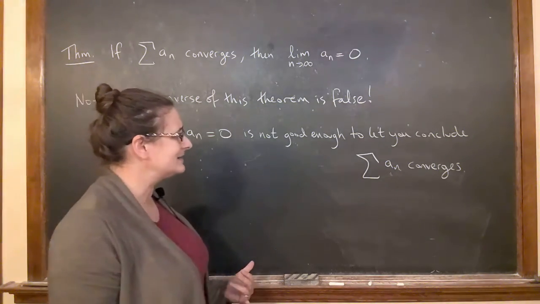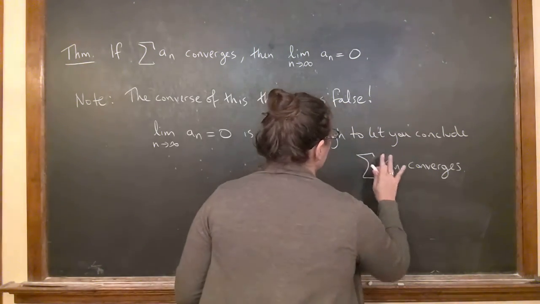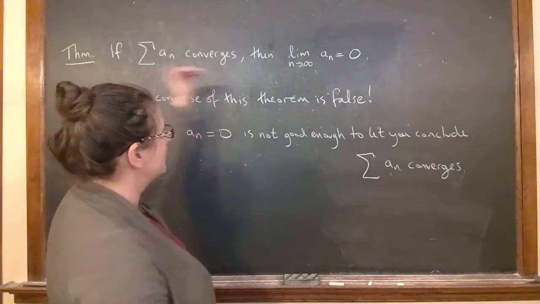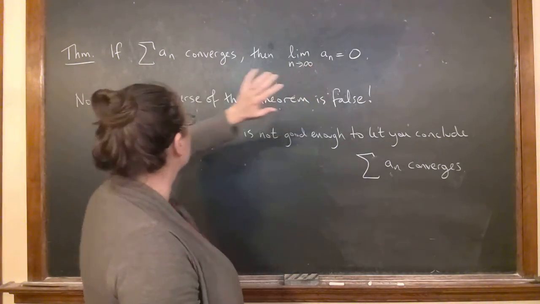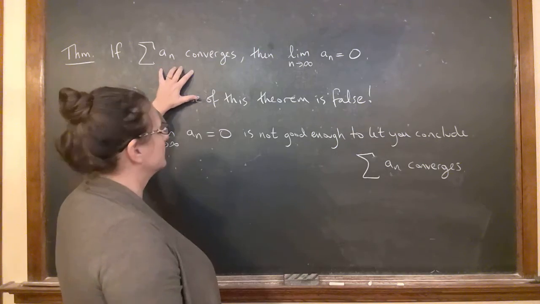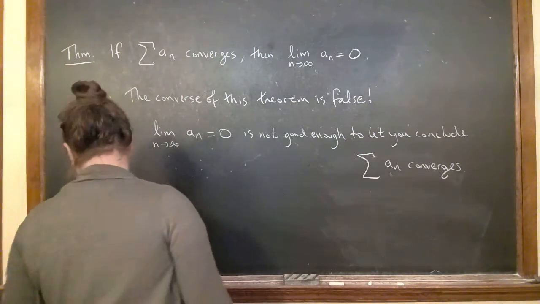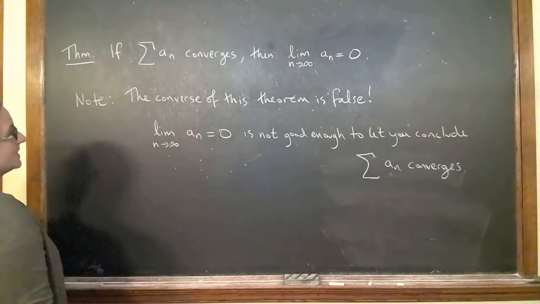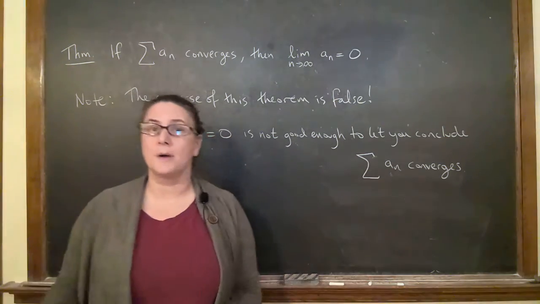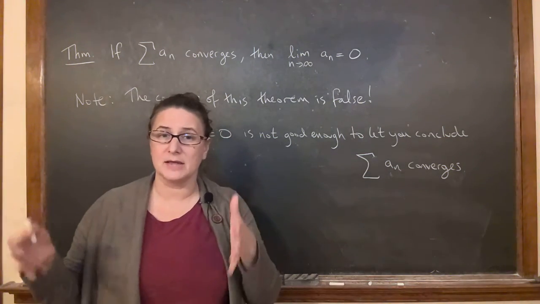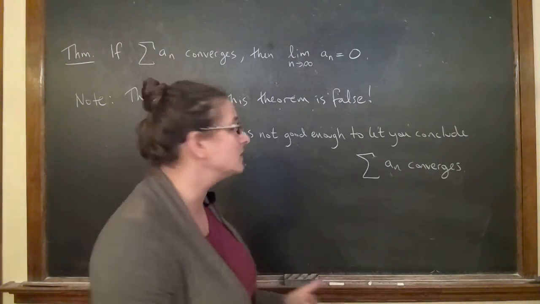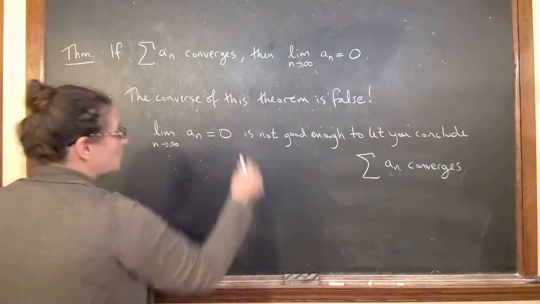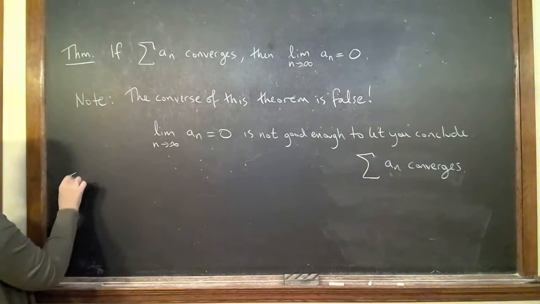So in essence, this theorem only works one way. The converse would be: the limit of a_n equals 0 implies that the sum converges. It's not true. What you can say is that the contrapositive is true, right? Because a statement and its contrapositive are logically equivalent. So the contrapositive of this is what we call the test for divergence.